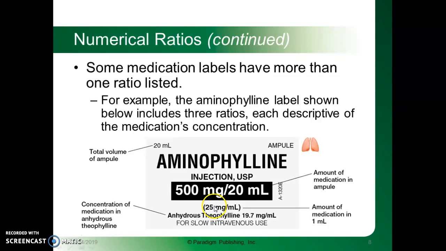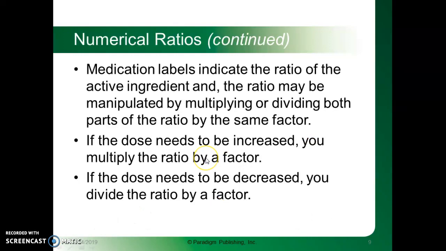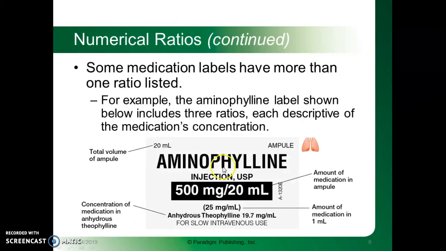We have the 25 milligrams to 1 mL. And our last concentration would be the 19.7 milligrams to 1 mL. So this helps the pharmacy technicians or pharmacists use the best option whenever they're calculating a dosage value.